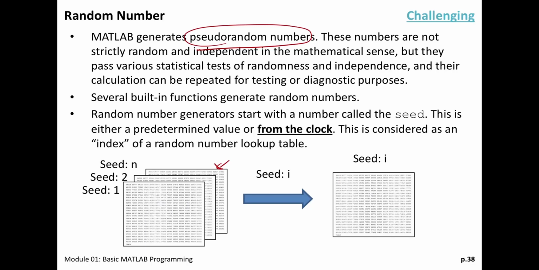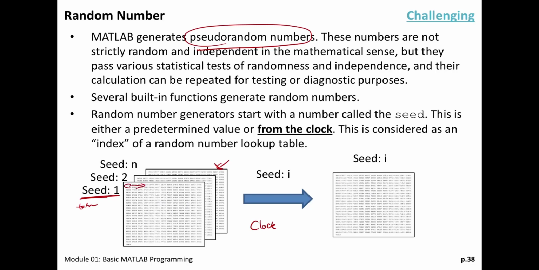Whenever you generate a random number, the seed, that is a table ID, is assigned based on the clock, the time when you run the script. Then it reads the values on the table in order.